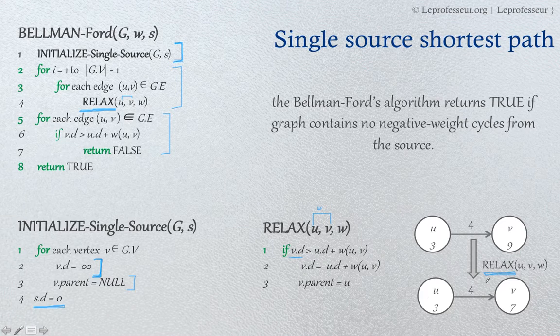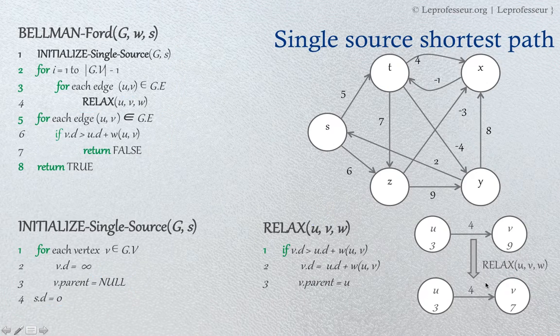Okay, so let's see pictorially how this algorithm works on our sample graph. Let's say this graph is given, and we have a source vertex and a weight on each edge, and it is a directed graph.